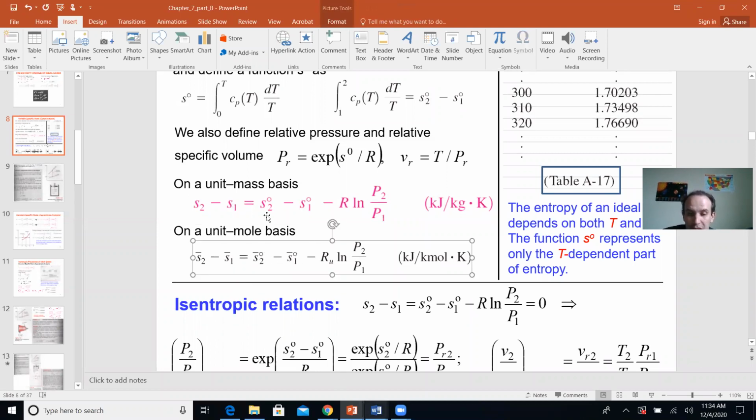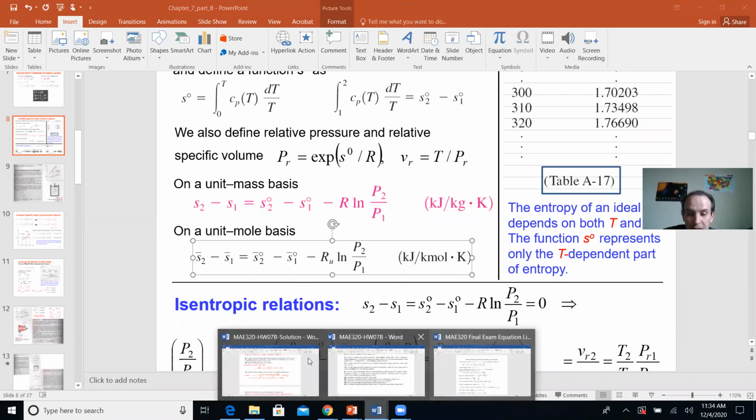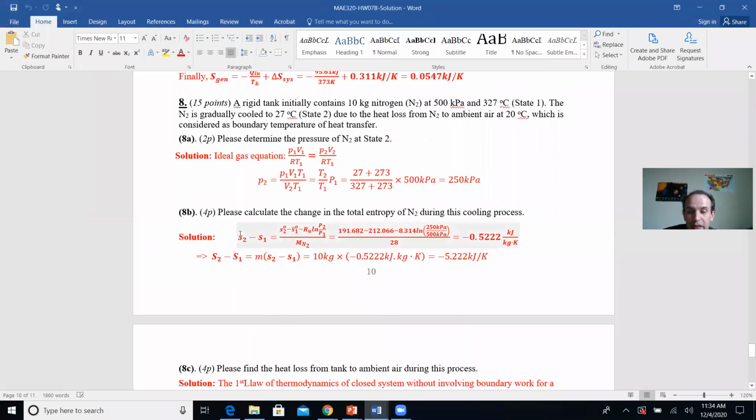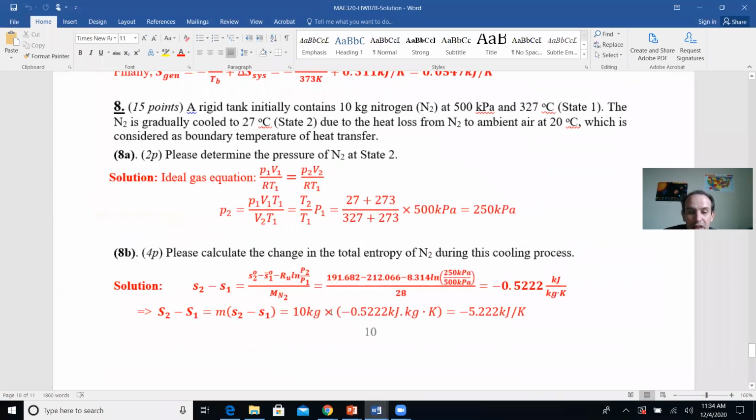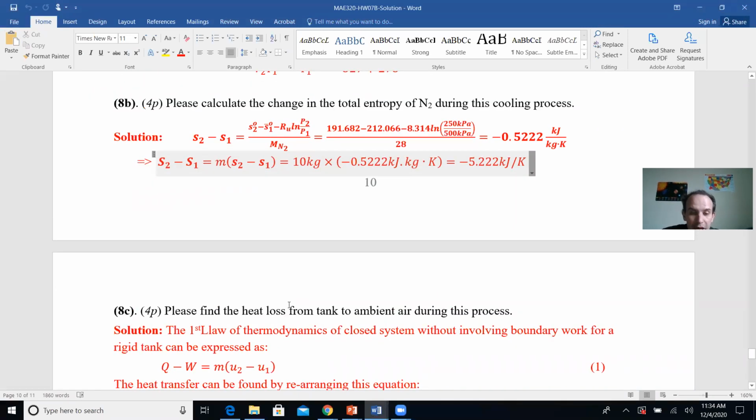To get it, you divide by mass. So basically you will get that S2 minus S1 will be the S naught bar values divided by molar weight. That's how you calculate this value. Now there will be a question, again a similar story: how will you calculate heat transfer?